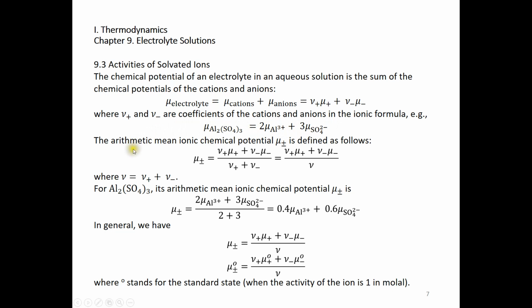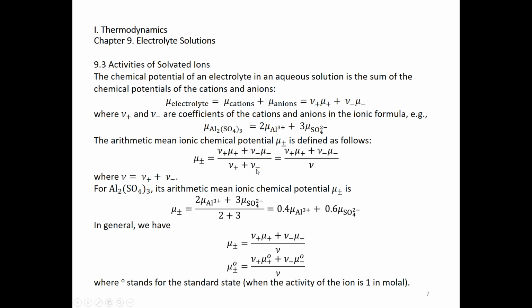Now let's look at the arithmetic mean ionic chemical potential. We define this to be mu sub plus minus. Mu sub plus minus is equal to, now you can see we're doing the average here. We have nu plus mu plus and nu minus mu minus on top. That's the total chemical potential of all ions, including cations on the left, anions on the right.